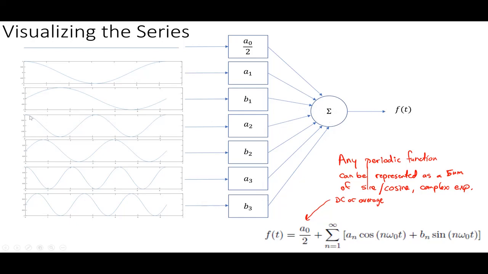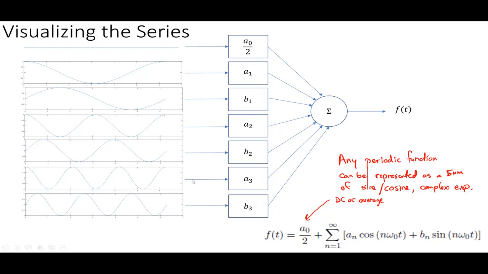Here's our second harmonic component, a cosine and a sine. The key identifying feature of the second harmonic is that it varies twice in one fundamental period: one time, two times.